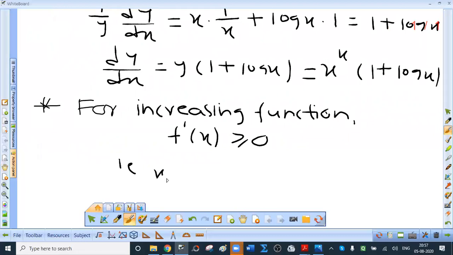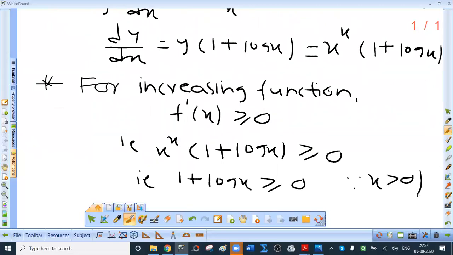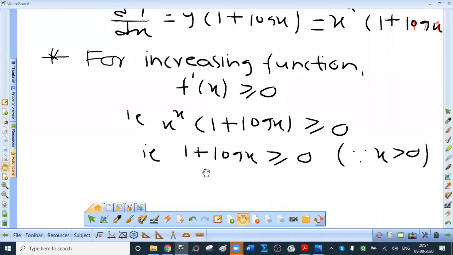That is x raised to x into 1 plus log x greater than or equal to 0. Can I divide by x raised to x? Yes, I can, because x raised to x is not equal to 0. So 1 plus log x is greater than or equal to 0. Reason, x is greater than 0. So x raised to x cannot be 0.